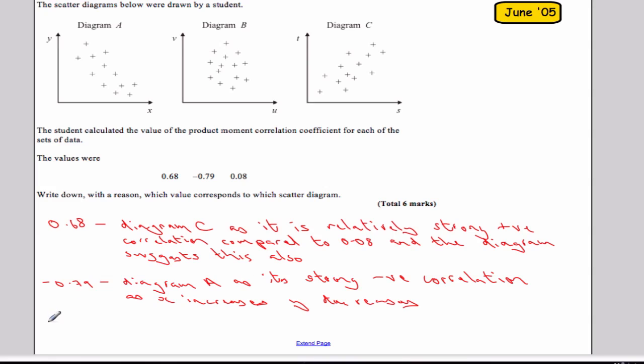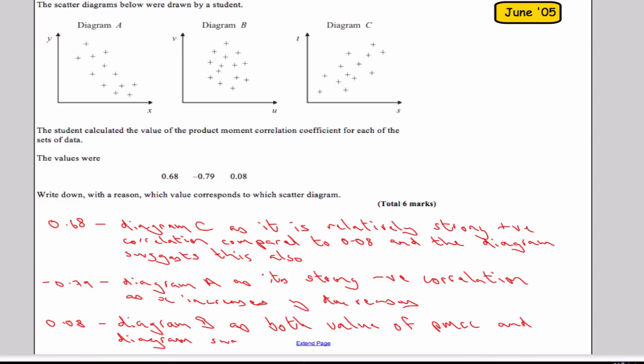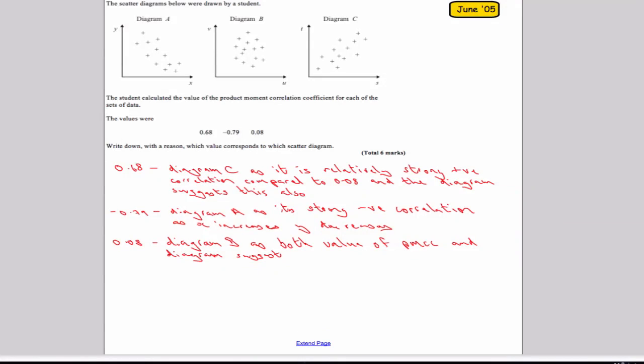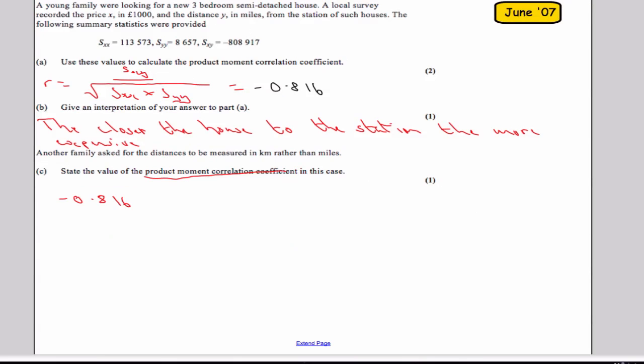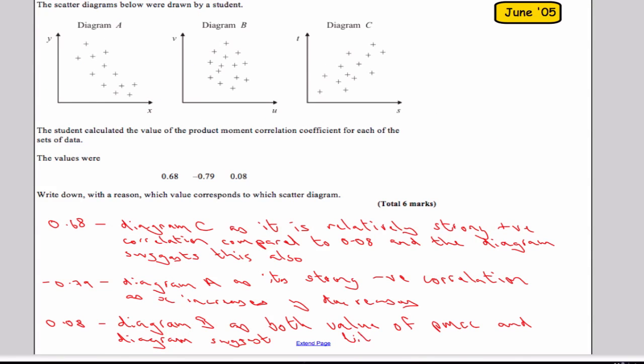And finally, that must mean 0.08 must correspond to diagram B, as both the value of the PMCC and the diagram suggest little correlation.